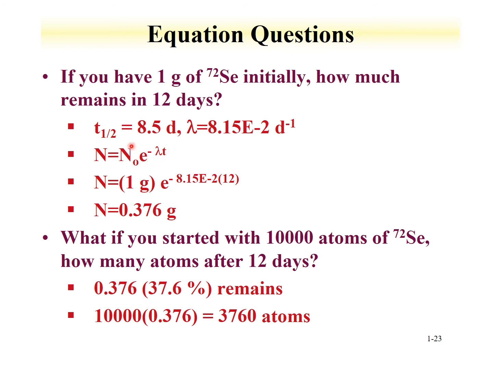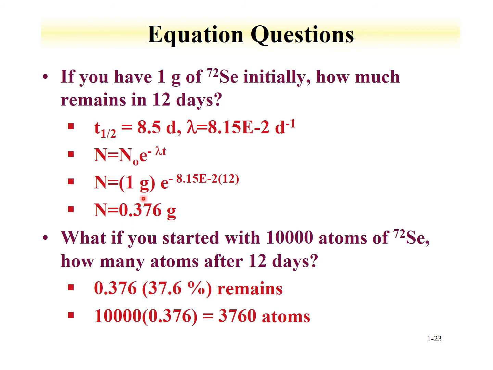Well, this is nominally for atoms, but atoms, grams, they're completely linear relationship. So 1 gram times e to the minus lambda times t, with t being 12 days, you get 0.376 grams.